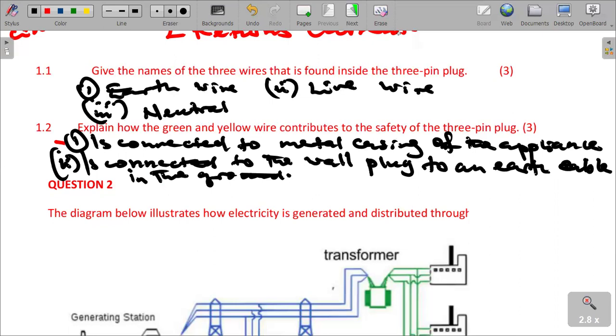And again, if the metal casing of the appliance becomes charged due to any fault, what happens is that the charge is safely discharged to the ground.